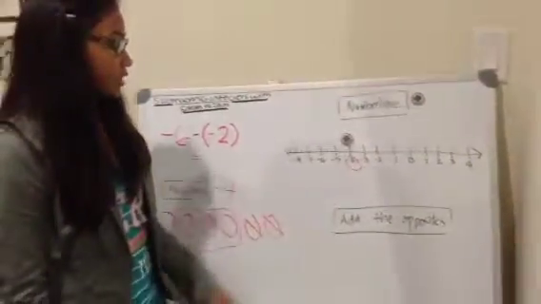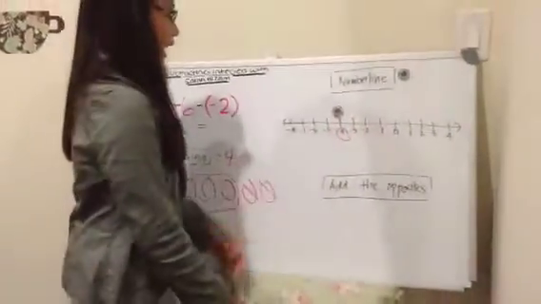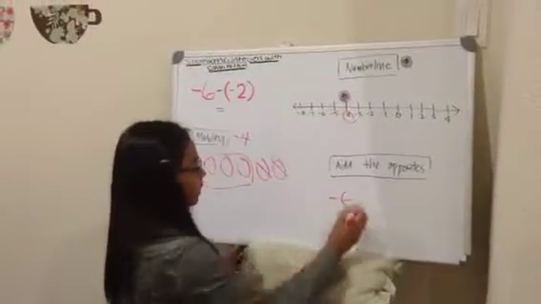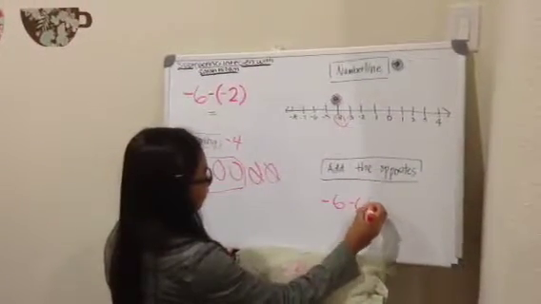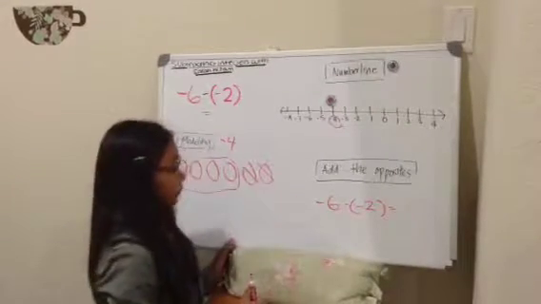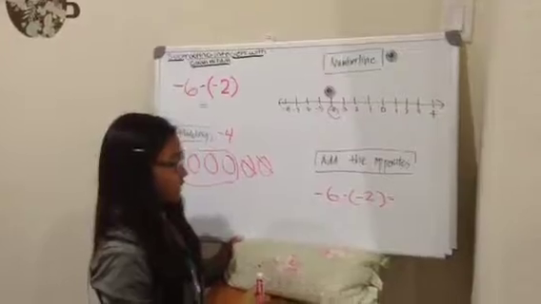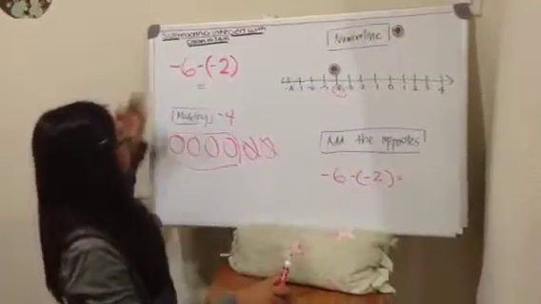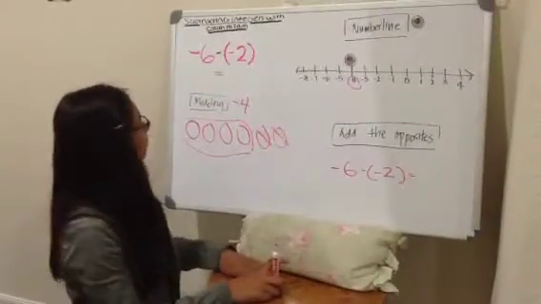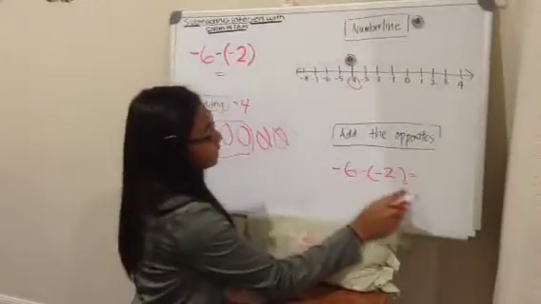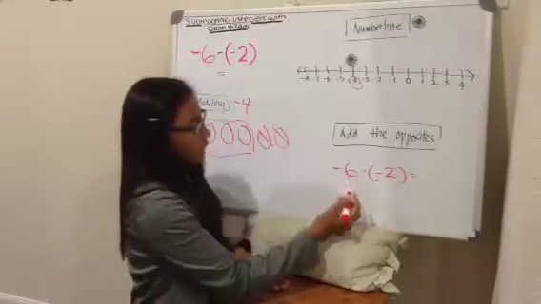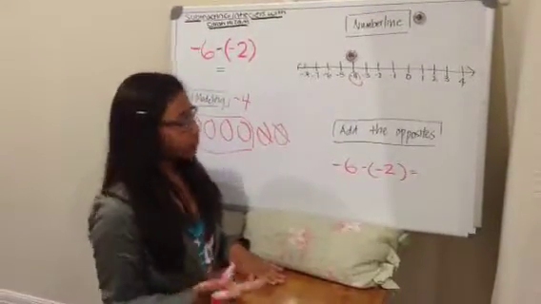The third and last strategy that we're going to use is to add the opposites. Negative 6 minus negative 2 equals. Now, we have to add the opposites. In this equation, we don't really have to use this strategy because when we subtract 6 minus 2, that gives us 4.